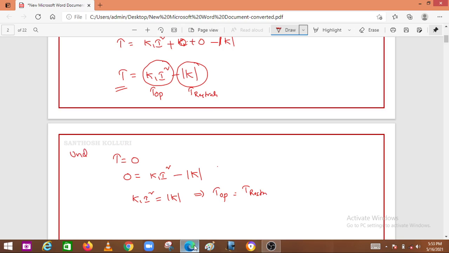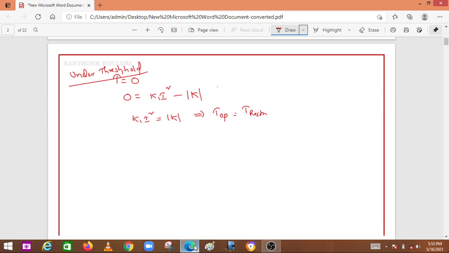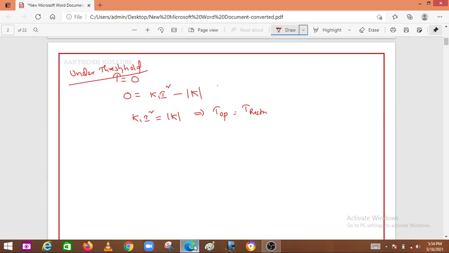Under threshold condition, the resultant torque will be 0. Therefore the operating torque is equal to the restraining torque, so K1 I² = K, the restraining torque. From this, if I want to calculate the value of current, I² = K/K1, and the value of I will be the square root of K divided by K1.